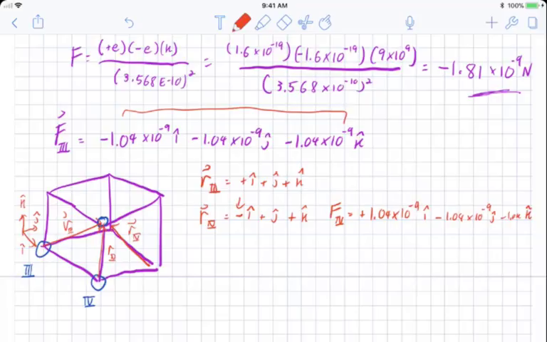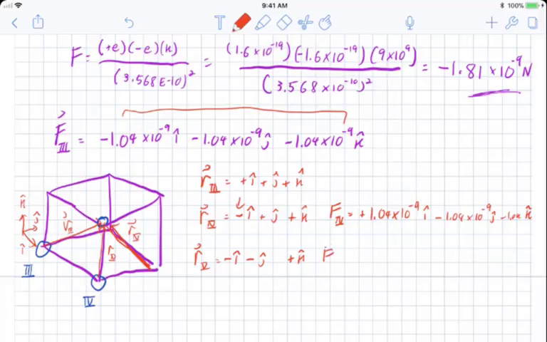What about R5? What about that one? Well, that one is still pointing upwards, so still positive K hat. It's moving in the negative I hat direction and the negative J hat direction because it's moving to the left.